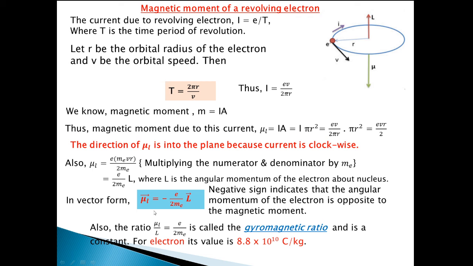Remember, the ratio of magnetic moment to angular momentum of the electron is e by twice m e, which is a constant, and this constant is called the gyromagnetic ratio. For the electron, its value is 8.8 into 10 to the power 10 coulomb per kg. So this is the magnetic moment of the revolving electron.